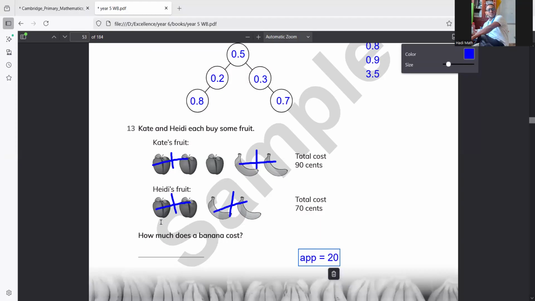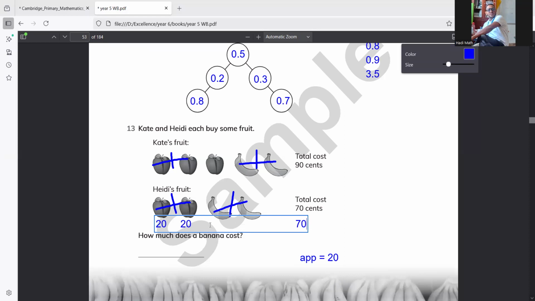Go on, write it down. This one is 20 and this one is 20. Then what is missing? They give you 70 for all of them. That means the 2 bananas give you what? Those 20 and 20 make 40, and to be 70 you need 30.